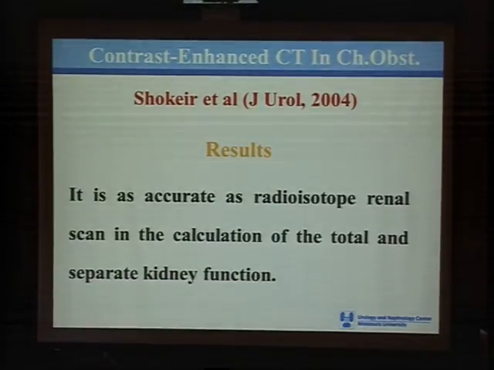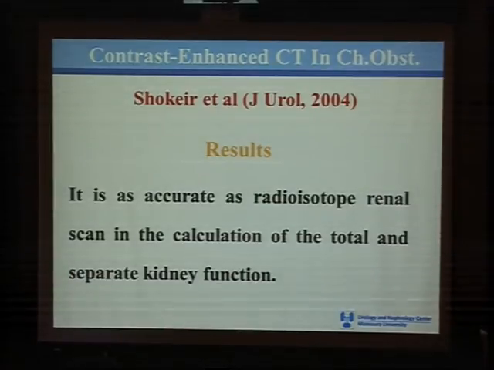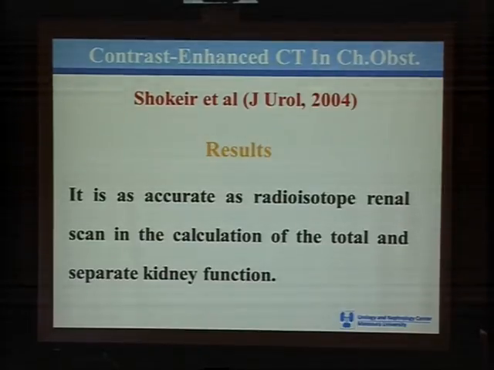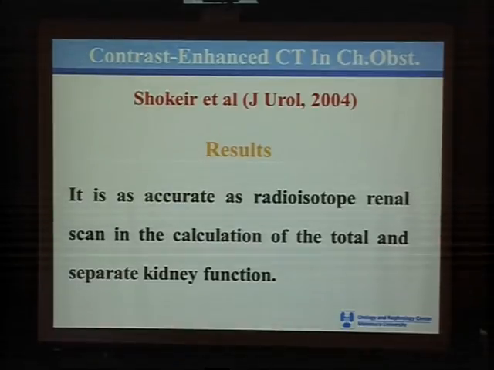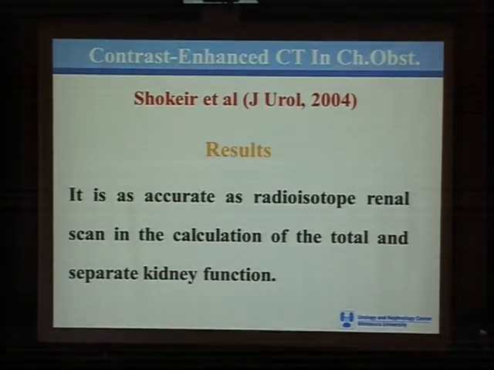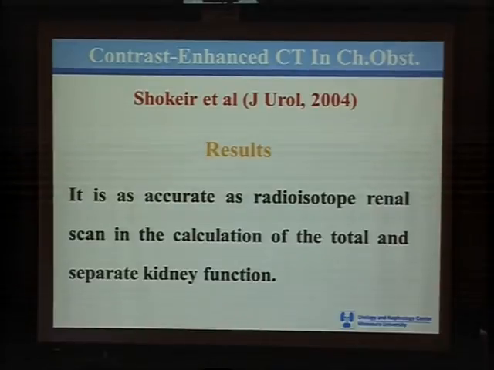So, CT with contrast is not only useful to diagnose obstruction, but it is also useful to measure the selective renal function of both right and left kidneys, like that of radioisotope renography. We call it dynamic CT.